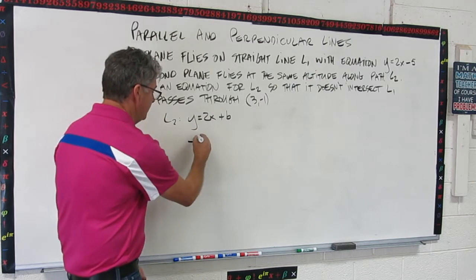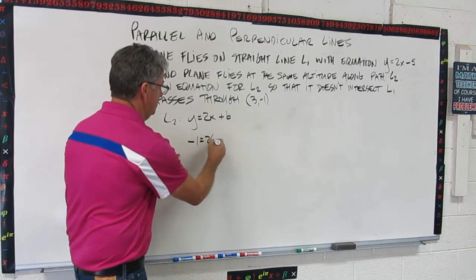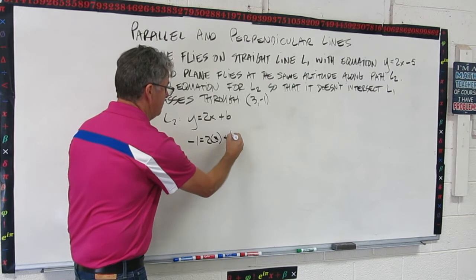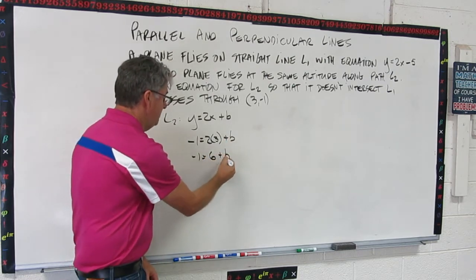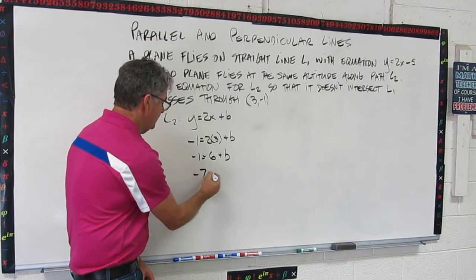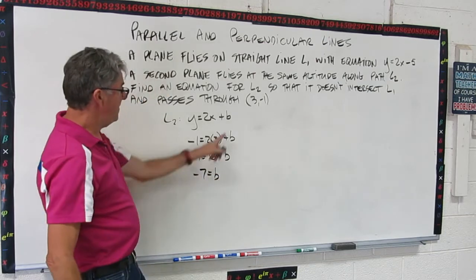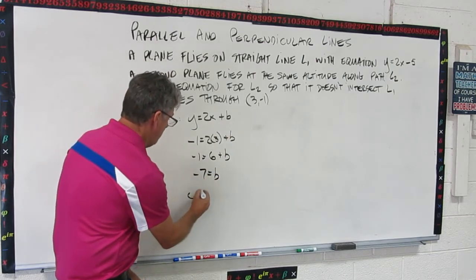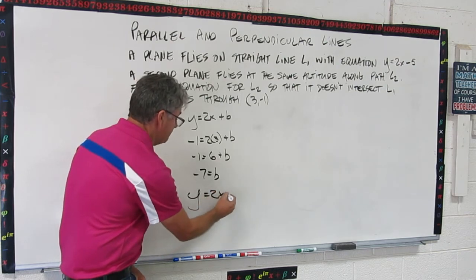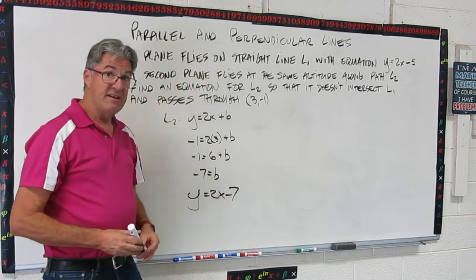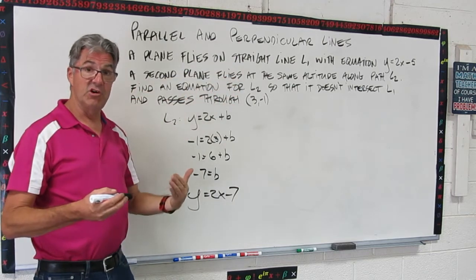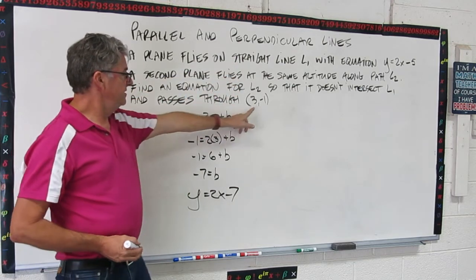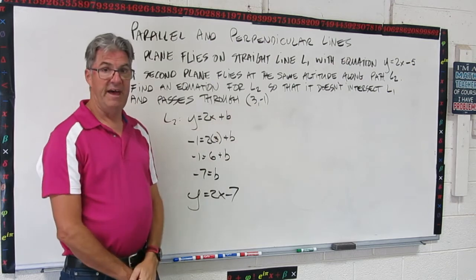We go y, that's minus 1, equals 2 times 3 plus b. So negative 1 equals 6 plus b, subtract 6, minus 7 equals b. So now we found our b, so our equation is y equals 2x minus 7. Now that equation will never intersect this one, the planes will never crash, and then the added information is that it does go through that point.